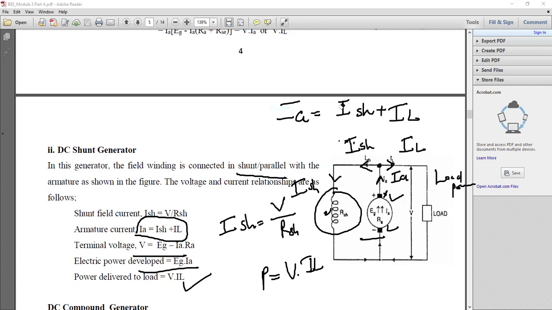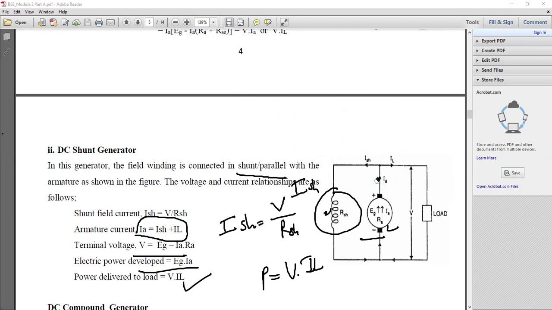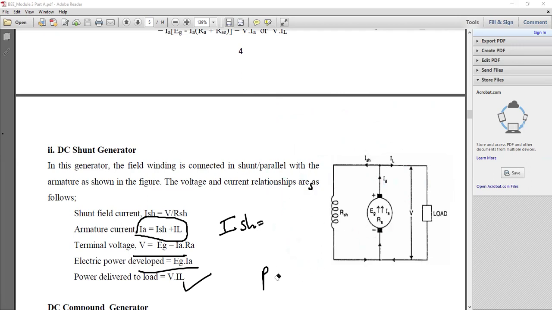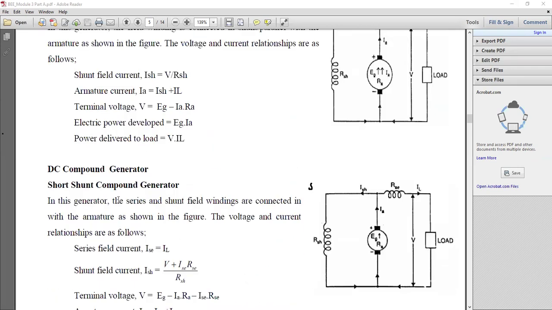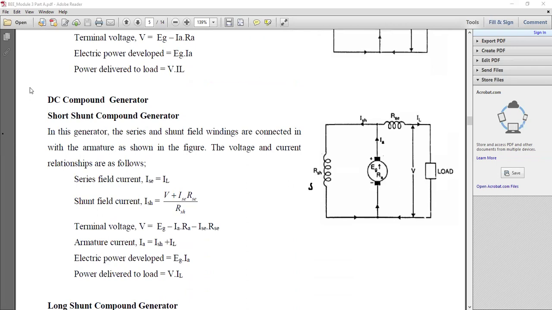Now we'll discuss the compound generator. Compound generators are of two types: one is the long shunt generator, another is the short shunt generator. We'll have a brief discussion about the long shunt generator and the short shunt generator. So we'll be talking about the short shunt DC generator.